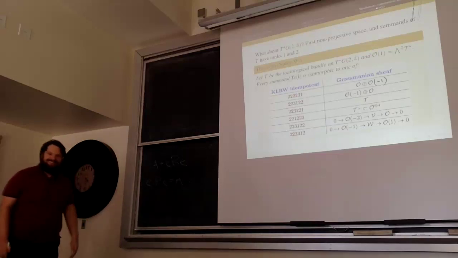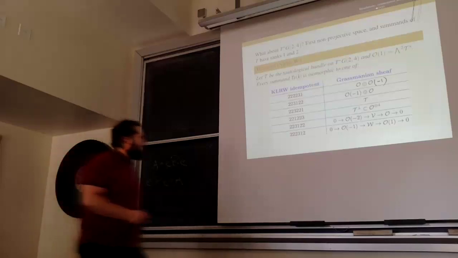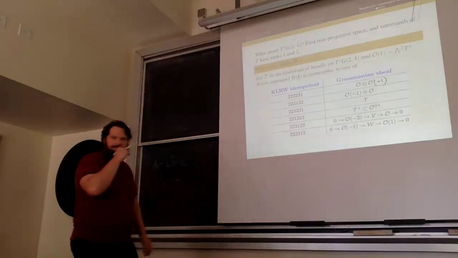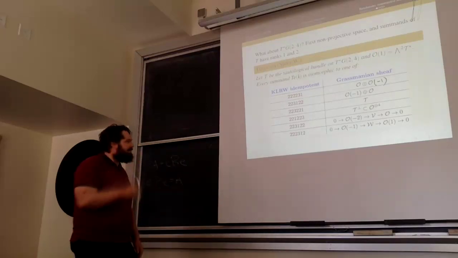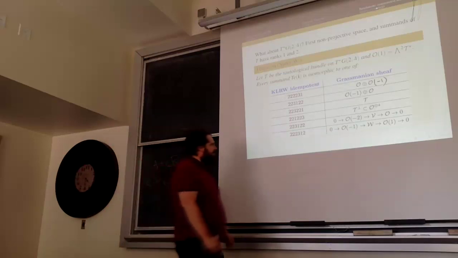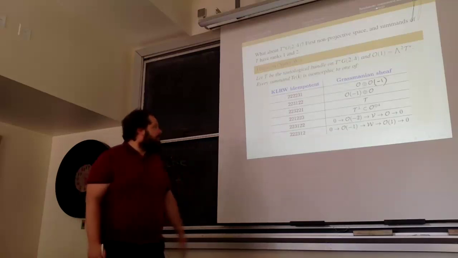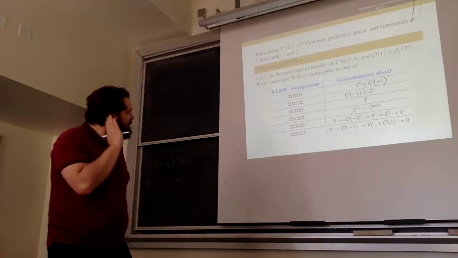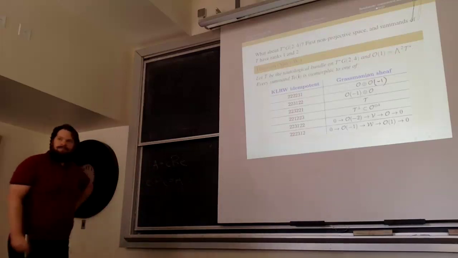So what's the difference between the last 2 lines? It's tensoring with O of 1. Oh. So W is the definition of one. What is the mystery bundle?